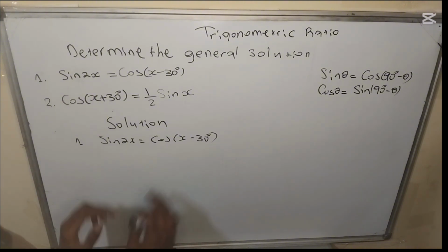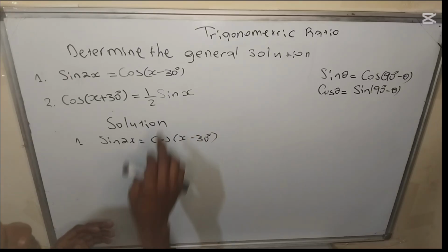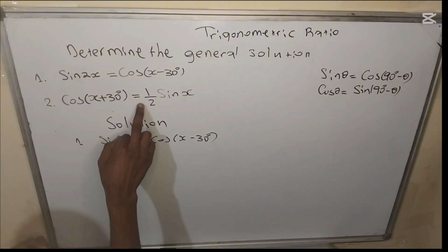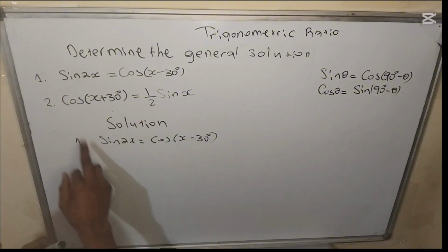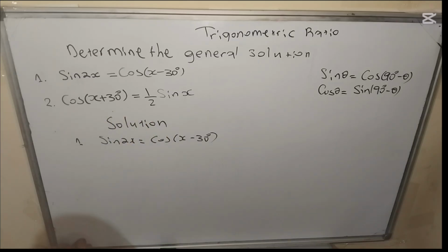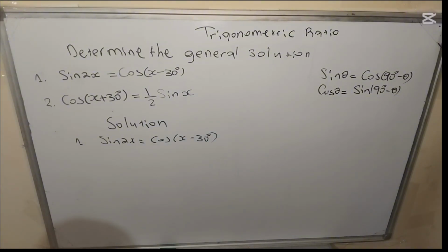Here we are going to apply our co-ratios. But on our second equation, we are going to apply the compound angles, because we have the coefficient of half. On this side we have 1, so they are different. The coefficients, which are the amplitudes, are different from each other. So on that one you apply the compound angles, but on this one you're going to apply the co-ratios.